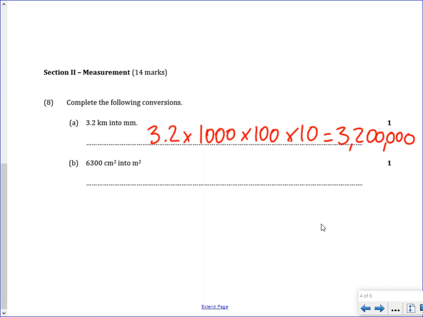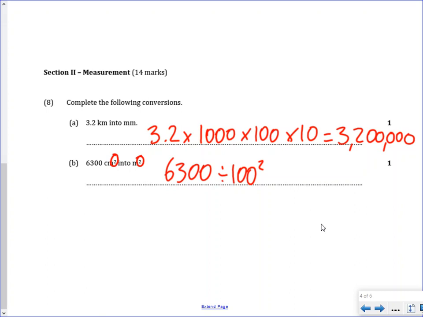And going into this question, we have 6,300 centimeters squared, and we want to change it into meters squared. What we need to make sure we're not going to do is divide by 100. These units are squared. So see the squared, see the squared. That means our conversion also needs to be squared. So we know that there's 100 centimeters in a meter. That means we're going to do 6,300 divided by 100 squared, again, because we talk about squared units.